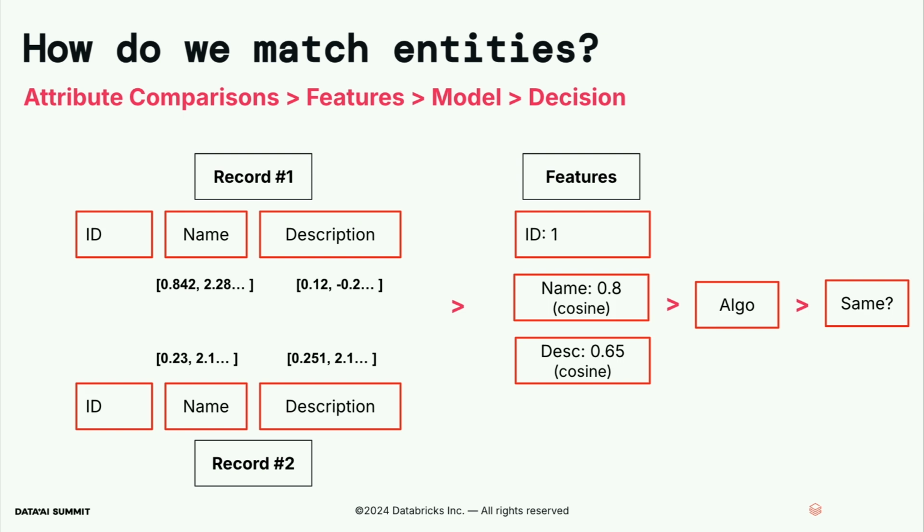We can get a description, we can run them through TF-IDF or embedding models, get a vector, compare those. So at the end of the day, just as before we have a list of features, we just arrived at them differently. We can run those features through rules. We can run them through an algorithm, like if the name is 80% similar or more, then maybe treat that as a match. We can run them through machine learning algorithms, and then we can conclude whether they are the same or different.